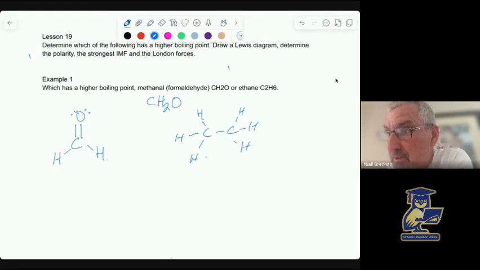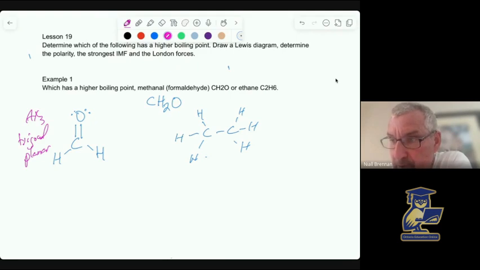Now, this is in 3D. You can see the first one here is an AX3 molecule, so it's trigonal planar. This is a flat molecule.